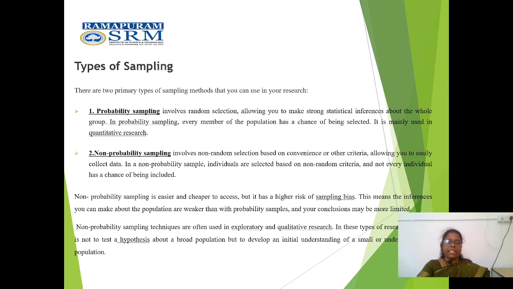Non-probability sampling is easier and cheaper to access, but it has a higher risk of sampling bias. This means the inferences you can make about the population are weaker than with probability samples, and your conclusions may be more limited.